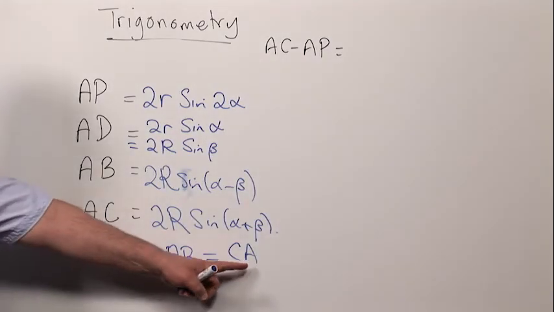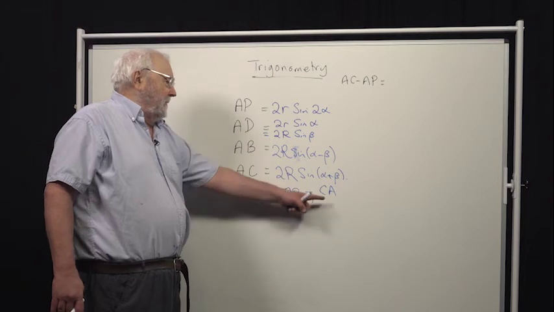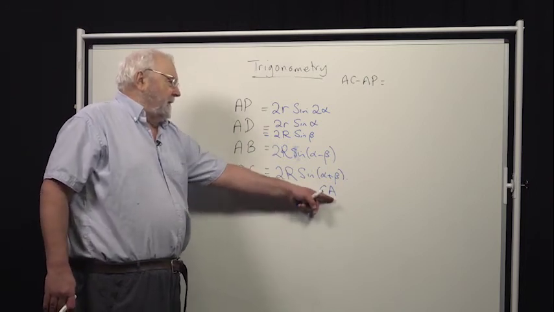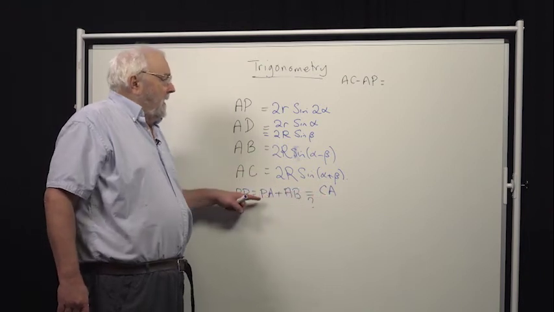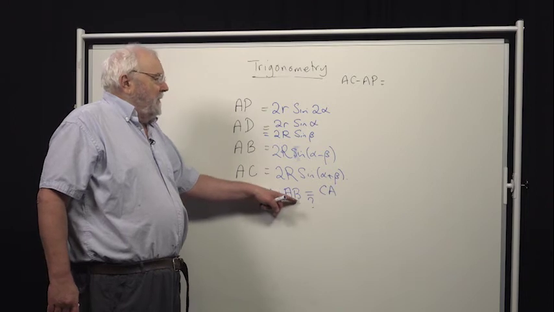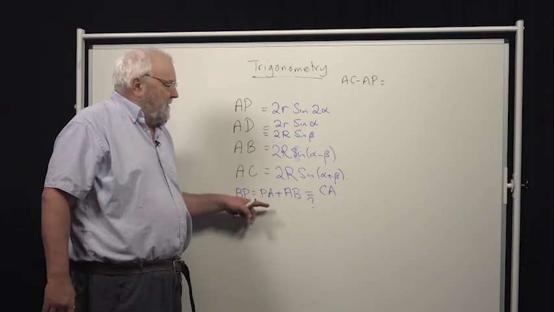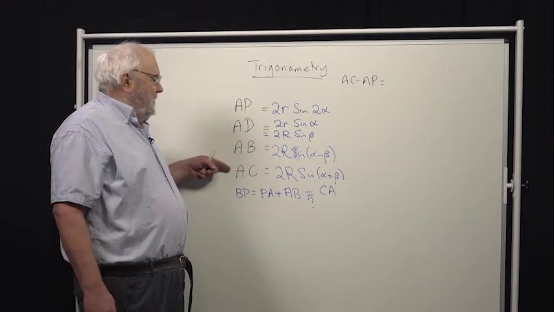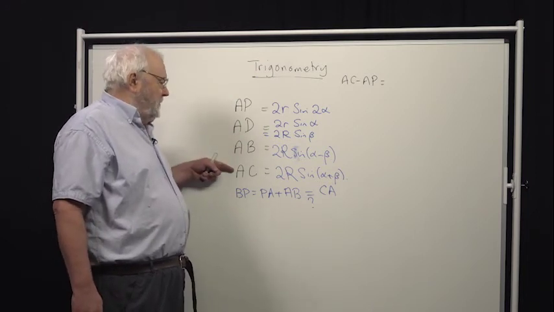Okay, so what I'm interested in is showing this equation to be true. It will be enough to look at the difference of this length CA or AC and PA or AP. If they differ by AB, we're in business. We've established this equation, and we've got formulas for various things, so let's apply them.